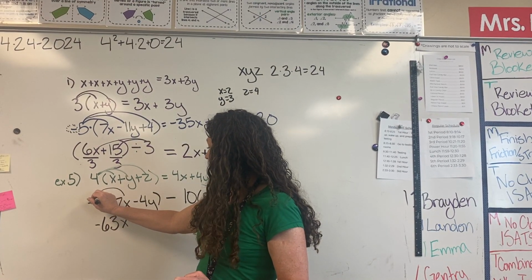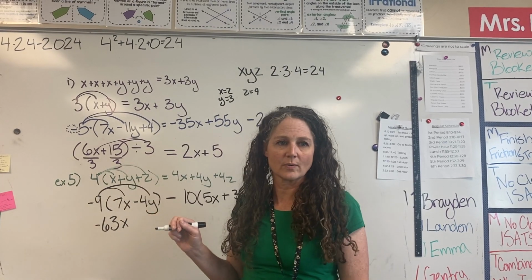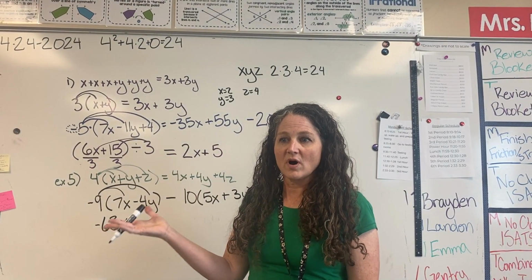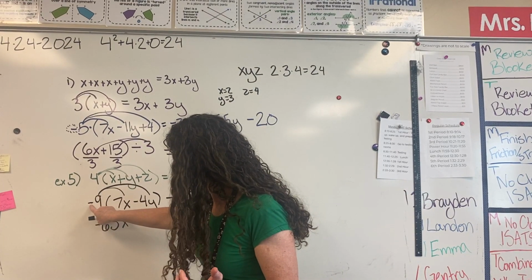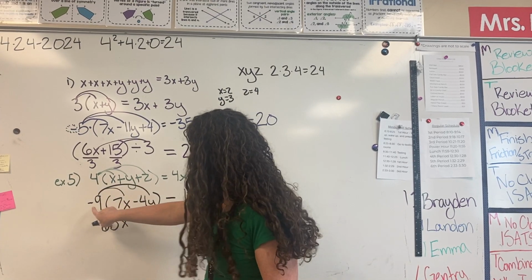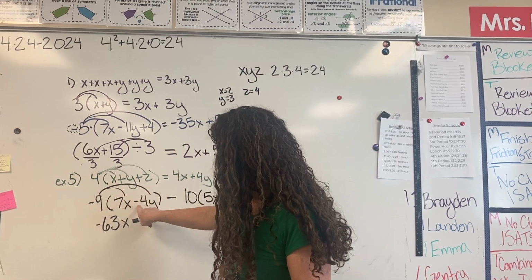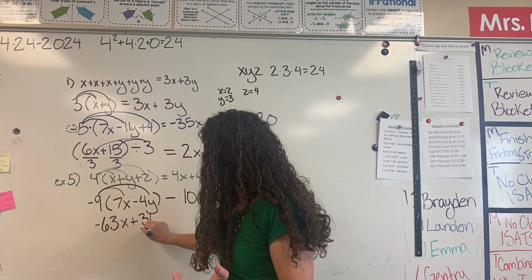-63x. Okay, what is -9 times -4y? 36y. Positive or negative? Negative times negative gives me a positive 36y.